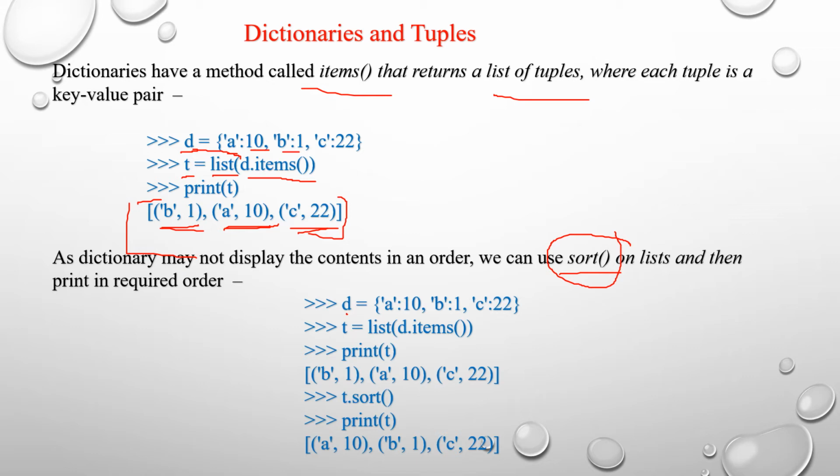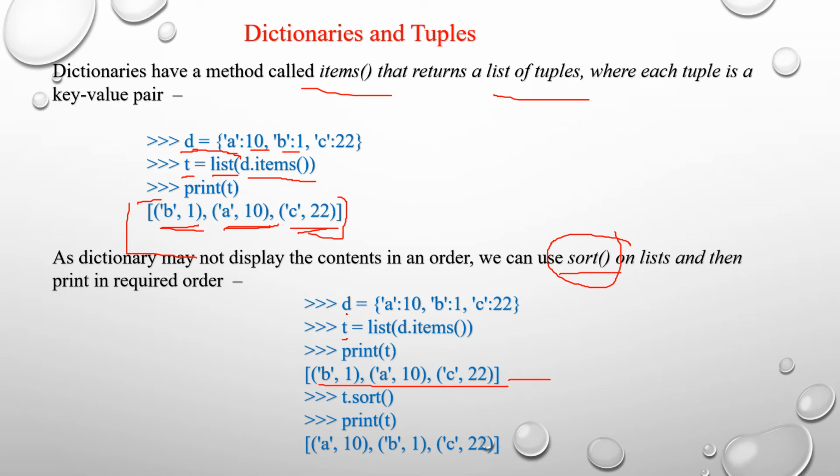Here I am going to convert the dictionary into a list of tuples. Let's say t is my variable, equal to list of d dot items. If you print this, this is the printed value: b comma 1, a comma 10 and c comma 22. These are the list of tuples.